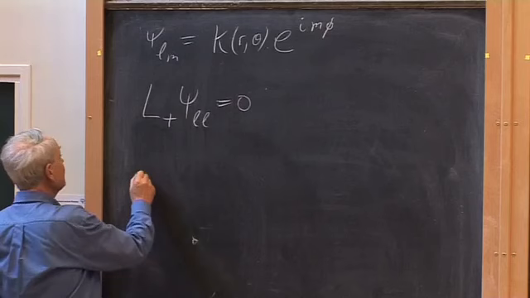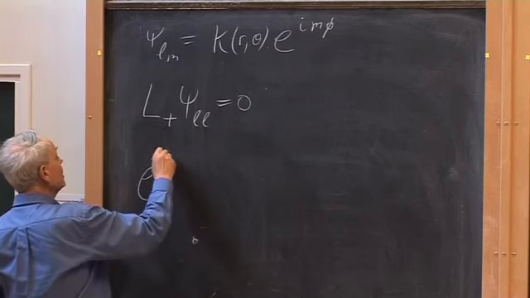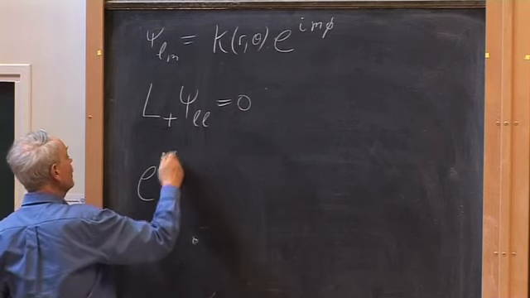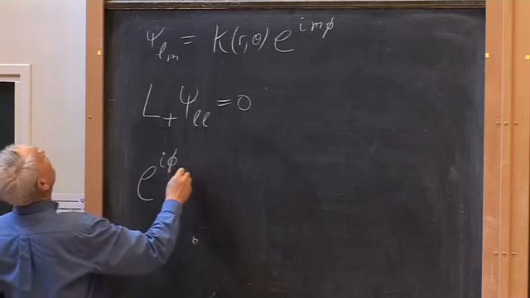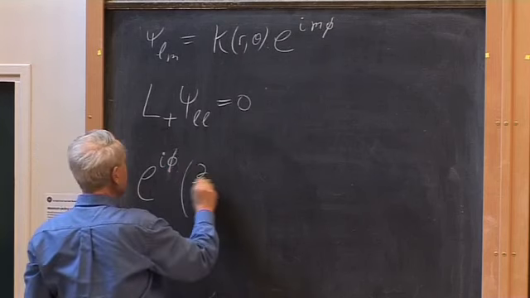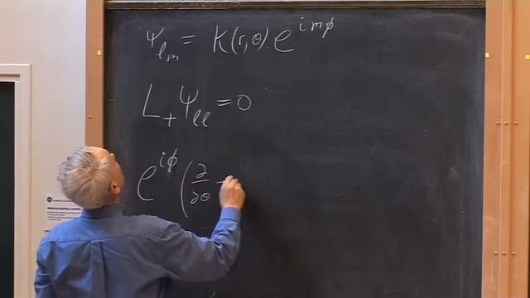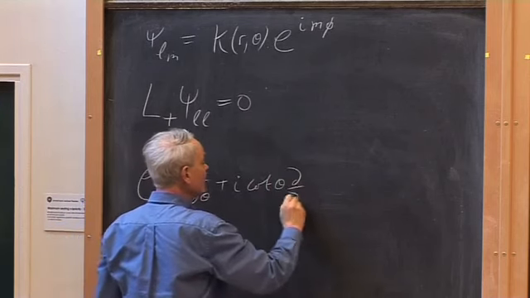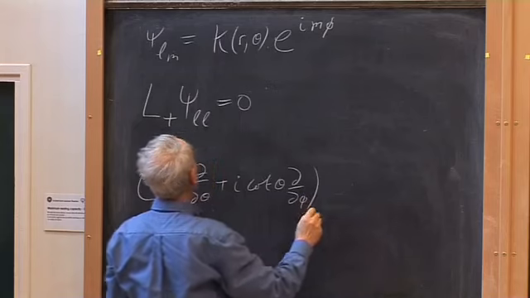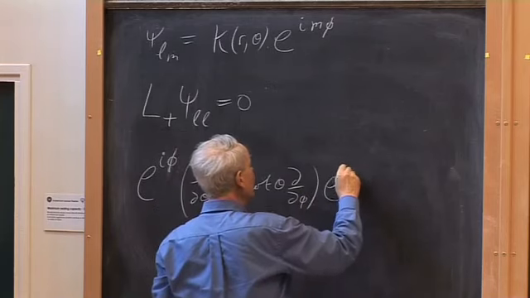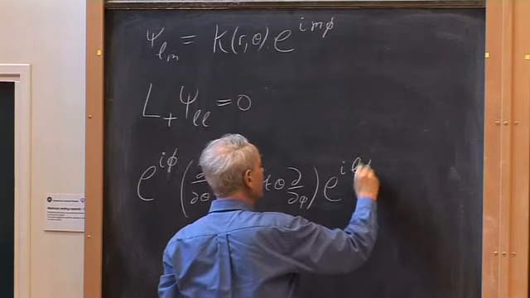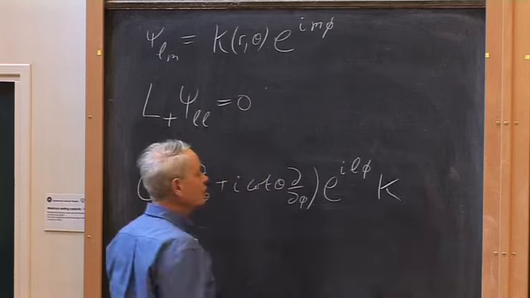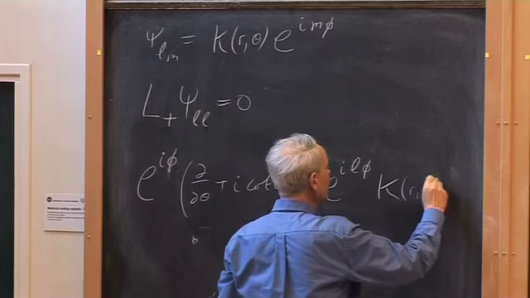Copying down what that is, turning this equation into the position representation: e to the i phi, d by d theta plus i cotangent theta d by d phi, operating on e to the i l phi times this function k, which depends on r and theta.